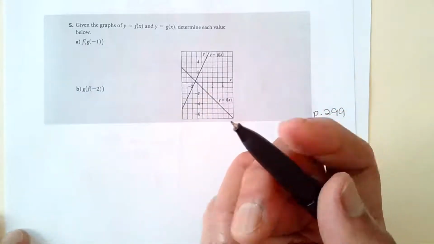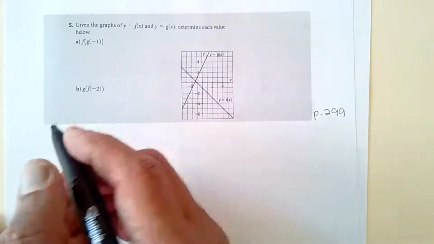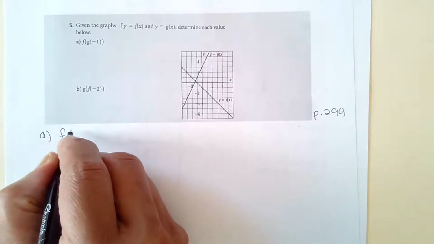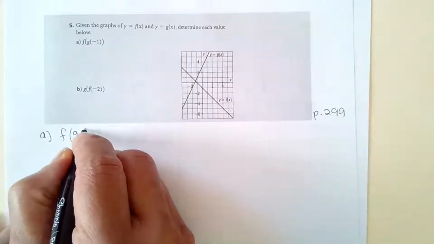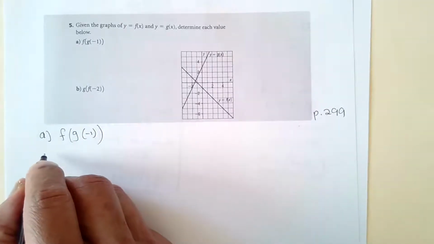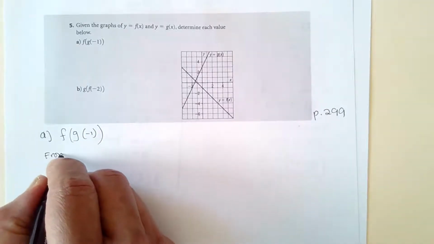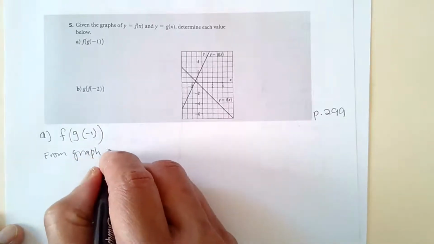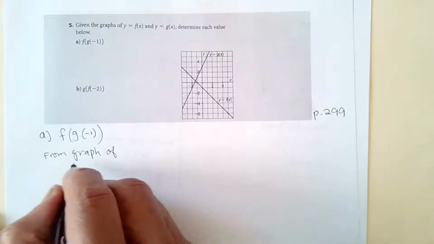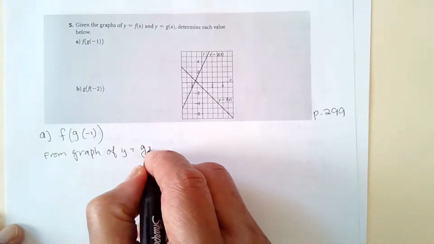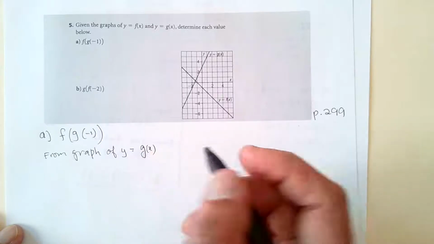So step 1, so let's do A. So f of g of negative 1. So from the graph of y is equal to g of x, we have to go to g of x.